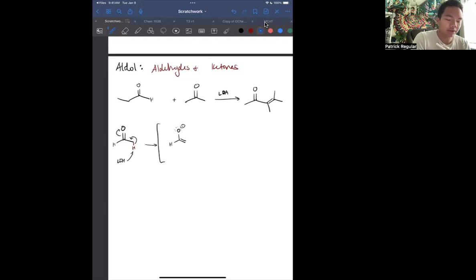We started off with some kind of carbonyl. I'm just going to call this the keto form. The intermediary between the keto form and the eventual enolate form, let's go ahead and draw that here.